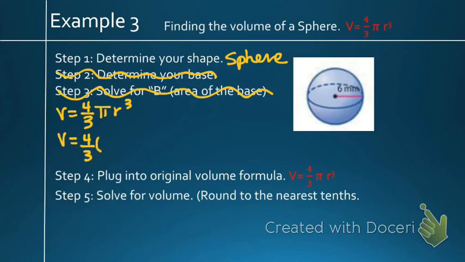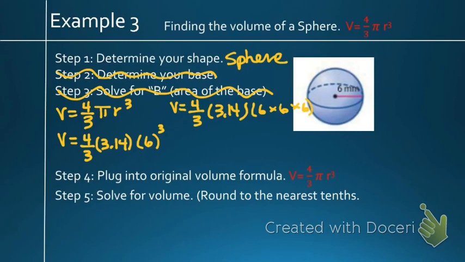So I'm going to plug it in with numbers. So 3.14 times our radius, which is 6, cubed. Yes, I'm going to do this a step at a time. Cubed means 6 times 6 times 6. So 6 times 6 is 36.